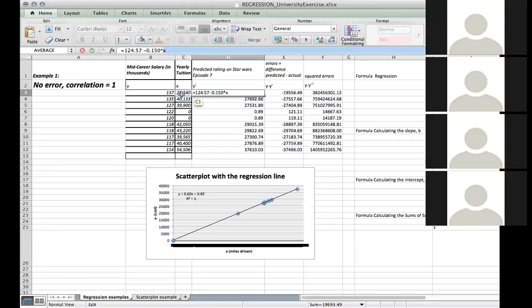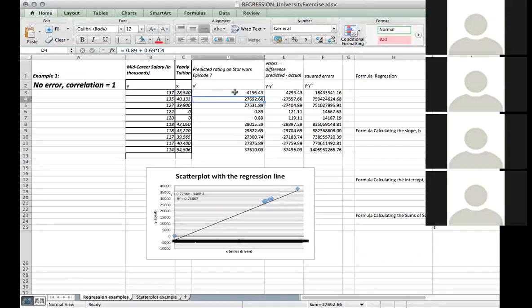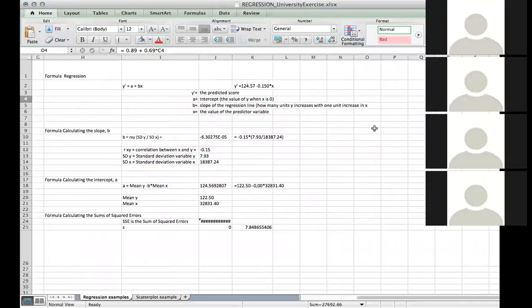X is this variable, this field here, C3. So in this case, we would predict the yearly mid salary actually to be negative. I just want to make sure this is correct here. No, this is not correct. Right? I typed, what mistake did I make?